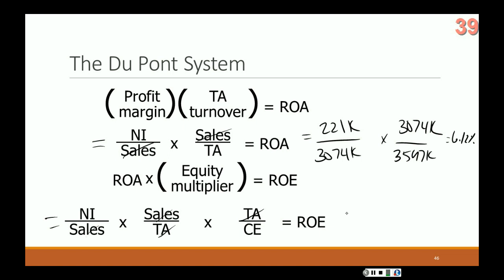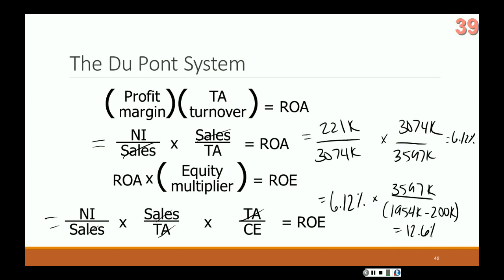So you take your ROA times the equity multiplier, your 6.12%, times your equity multiplier, 3,597 total assets, divided by your common shareholders' equity. Remember, that's the 1,954 minus the preferred shareholders, and that would give you 12.6%.